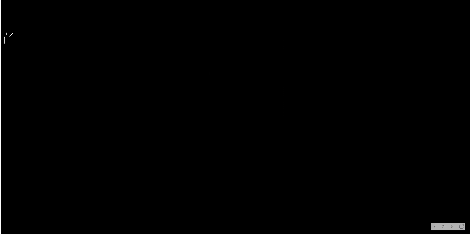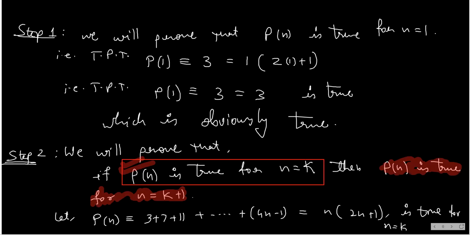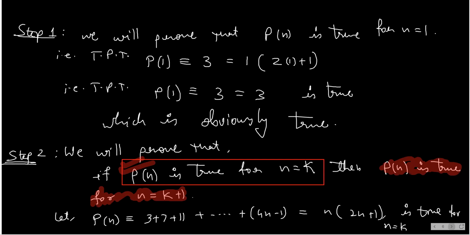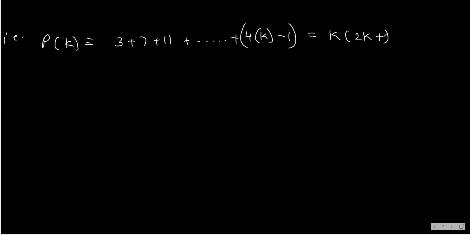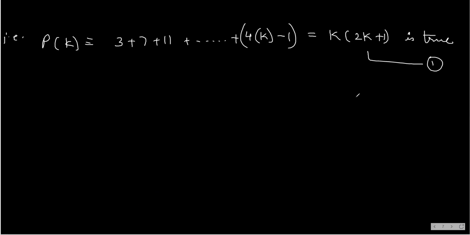That is, P of k, which is 3 plus 7 plus 11 plus dot dot dot plus 4k minus 1, is equal to k into 2k plus 1, is true. So this is my equation number 1.